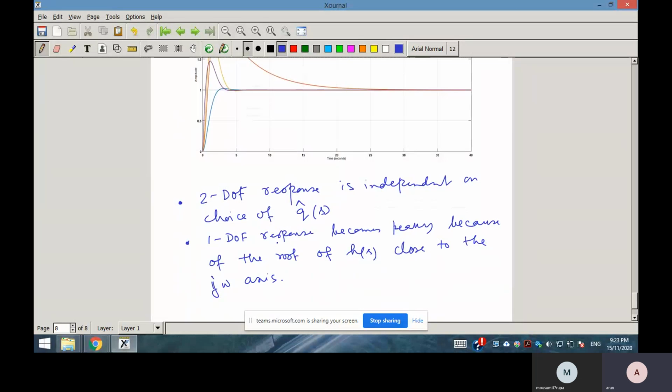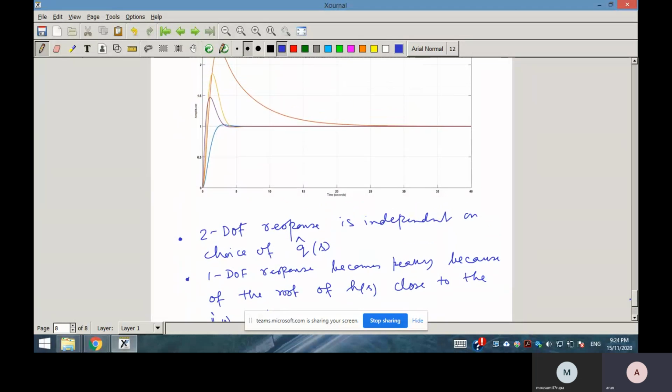So this is the disadvantage of 1 degree of freedom control as far as response is concerned. Whatever value of Q hat you choose, you can never achieve the response like a 2 degree of freedom control.